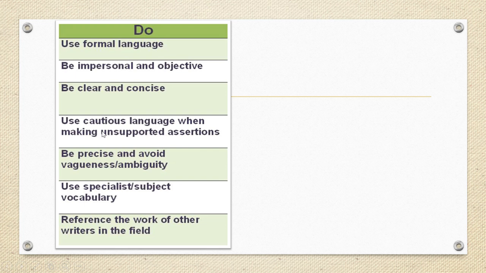You have to use cautious language, meaning that you don't have to use arguments which have no evidence. You have to use cautious language because it is a serious kind of work. It's not creative writing in which your idea is your idea, and even if other people don't agree, you still go with it.